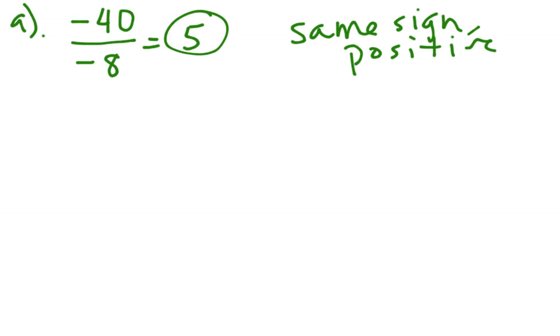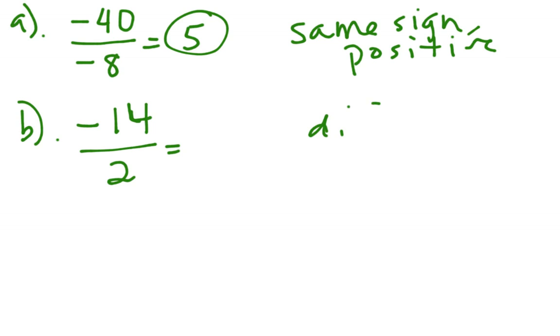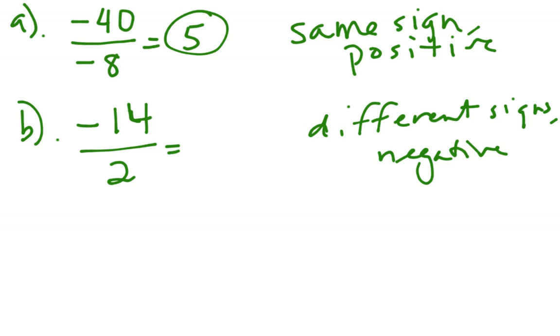So we're applying our rules. Example B is negative 14 divided by 2. I have different signs, so the quotient is negative. So that's a negative 7.